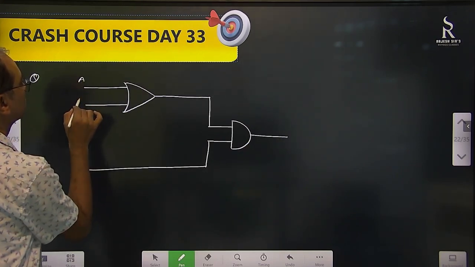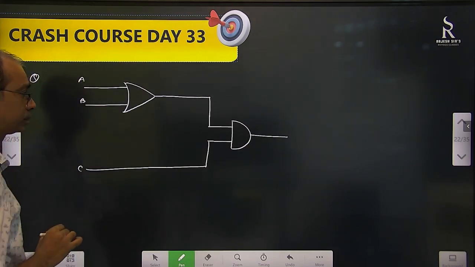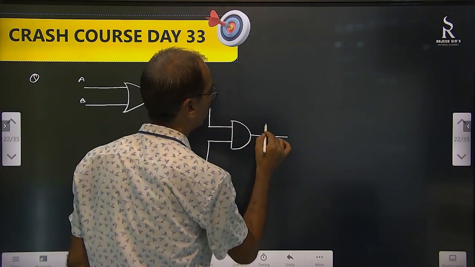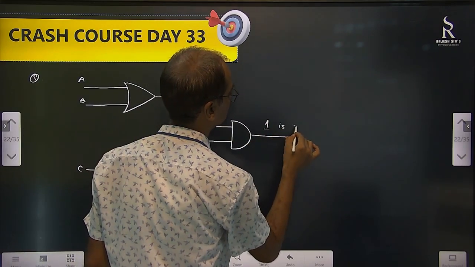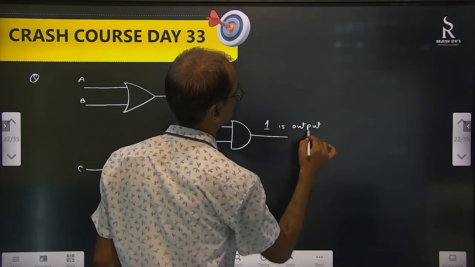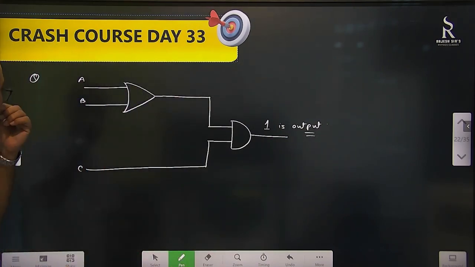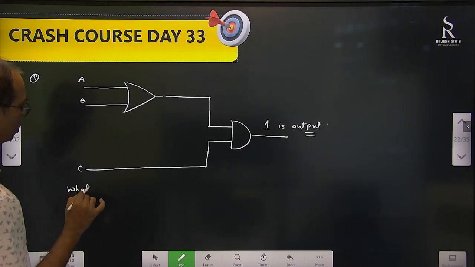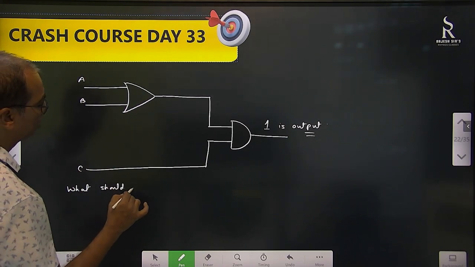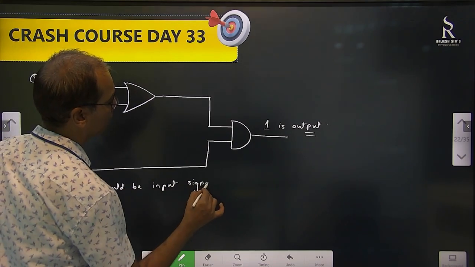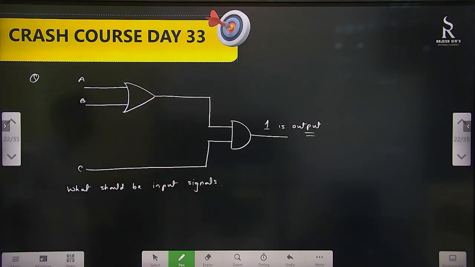This is A, this is B, and this is C. Now suppose that here we want 1 as output. 1 means switch on. Then what should be the input signals? Options can be there. Suppose 0, 1, 0.